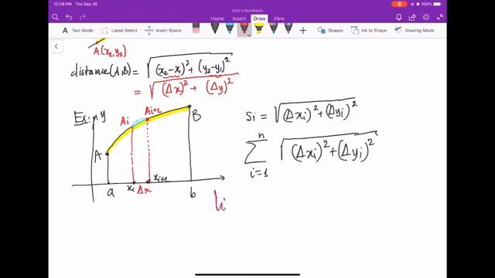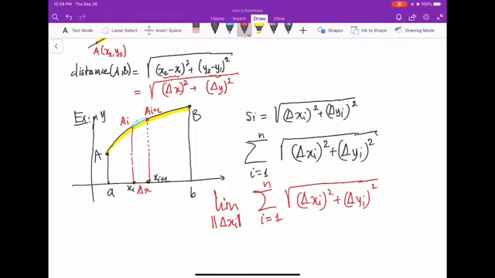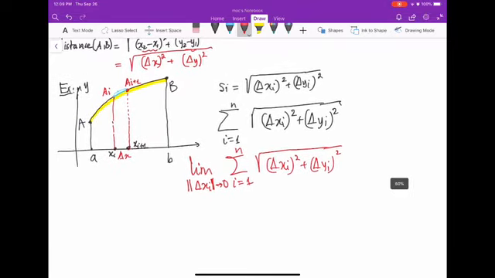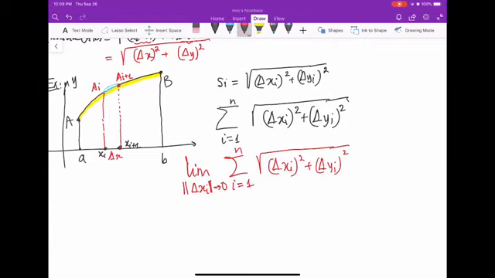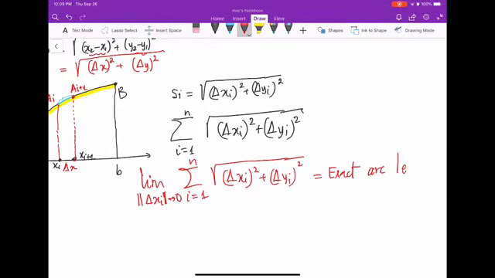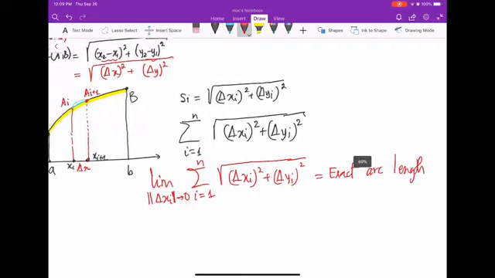I'll write here the limit of the sum of the square root of delta x_i squared plus delta y_i squared, when, usually we use the norm of the partition, the maximum, this goes to 0. So in this situation, we will get the exact arc length from A to B. And this is the definite integral.